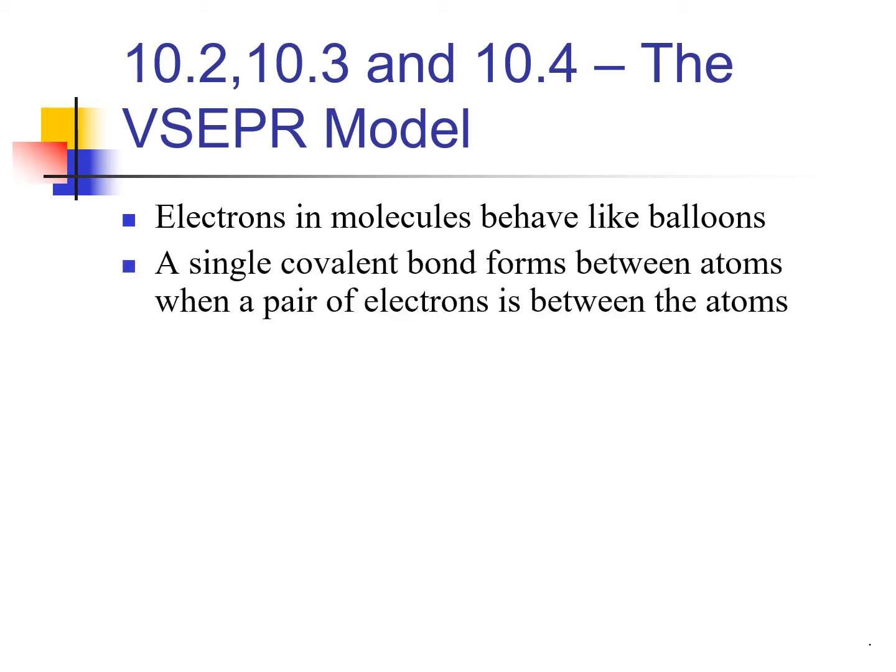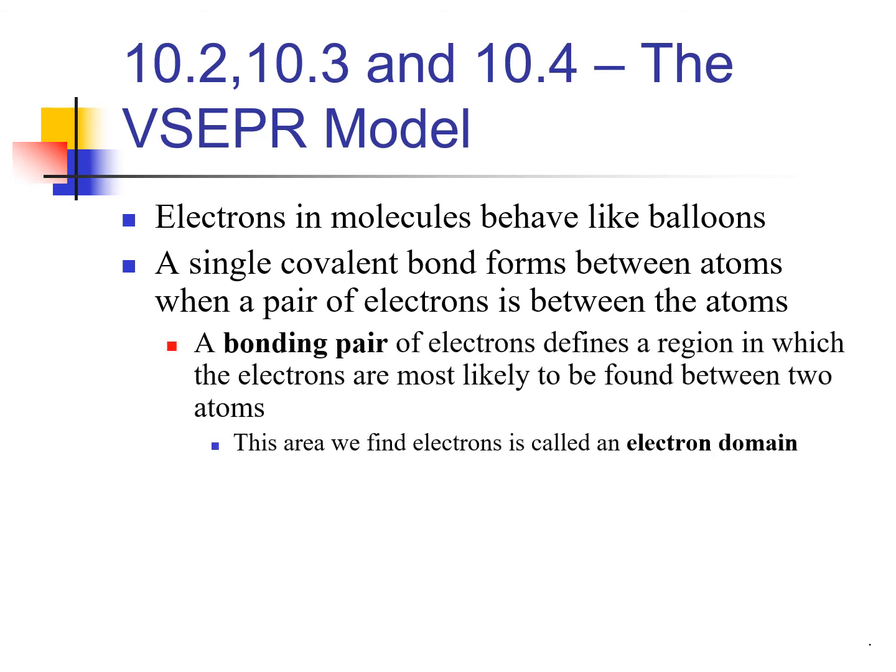So if I have a single covalent bond, that's a pair of electrons directly between two atoms. We call that a bonding pair of electrons because it's a pair of electrons involved in bonding, and those are found between the two atoms. Now, this is a key term that I really want to stress.